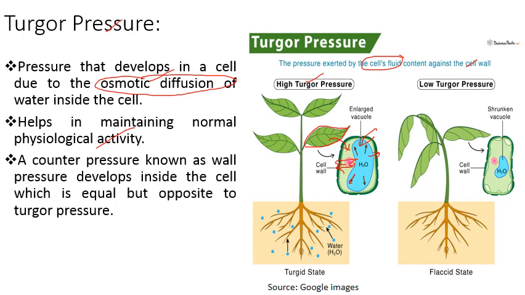Then the cell wall is solid, so this cell wall exerts opposite pressure on the plasma membrane, and that opposite counter pressure is known as wall pressure. It is equal but opposite to the turgor pressure. So we can say that in a fully turgid cell, turgor pressure is equal to wall pressure.